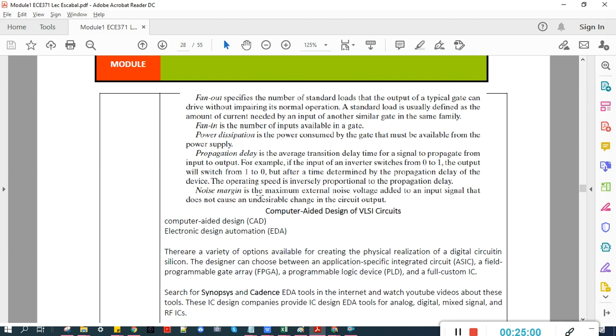Beyond that, if the noise is greater than the noise margin, then we have a problem, because the circuit might not function well because of too much noise.